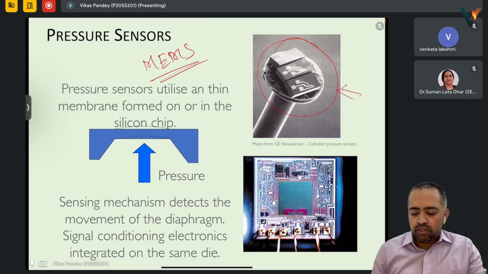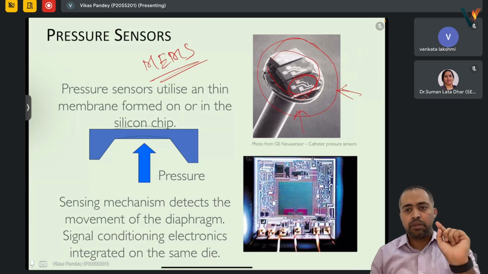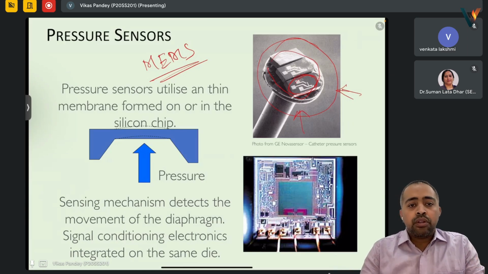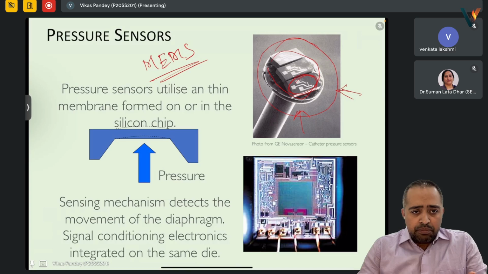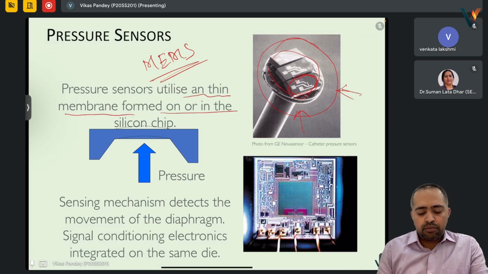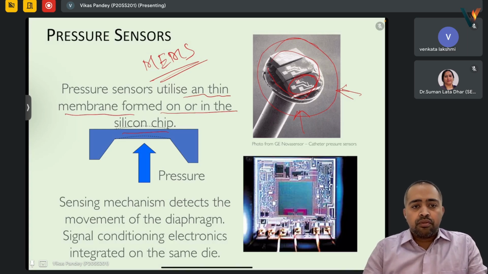Three pressure sensors can be pasted over the head of a simple pin, so such small devices can be used. What is the principle? They use a thin membrane formed on or in the silicon chip.